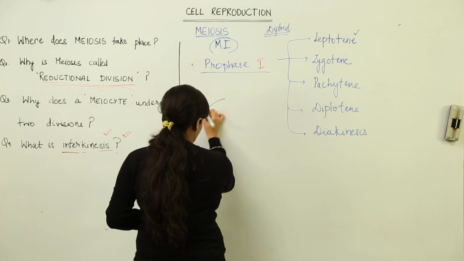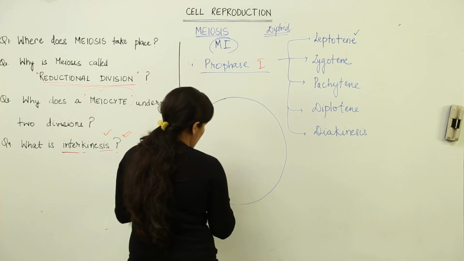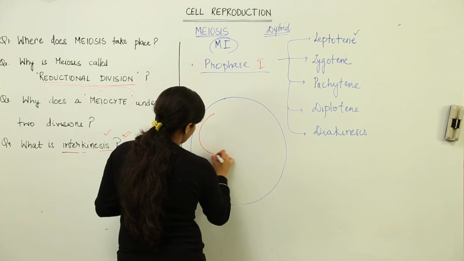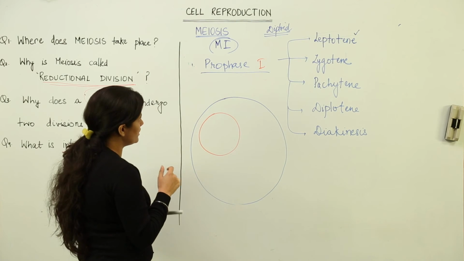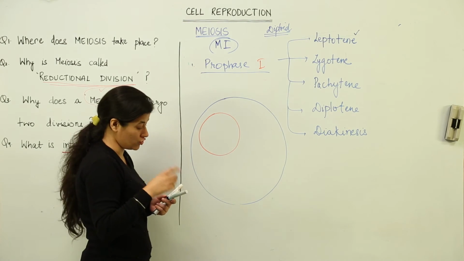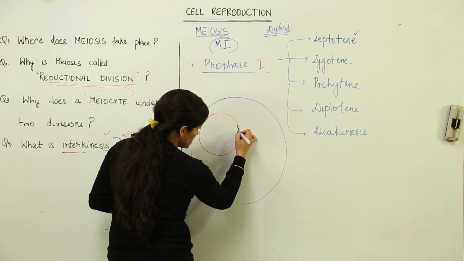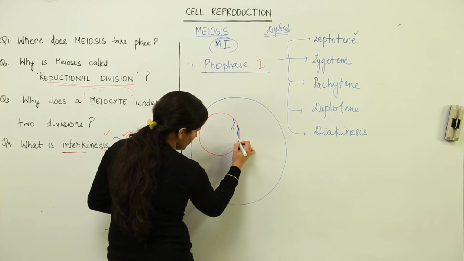Supposedly this is a cell, and it has a huge nucleus inside it. Prophase 1 is characterized by condensation of chromatin material. A few chromatin strands like this would come, remaining attached to the nuclear membrane.